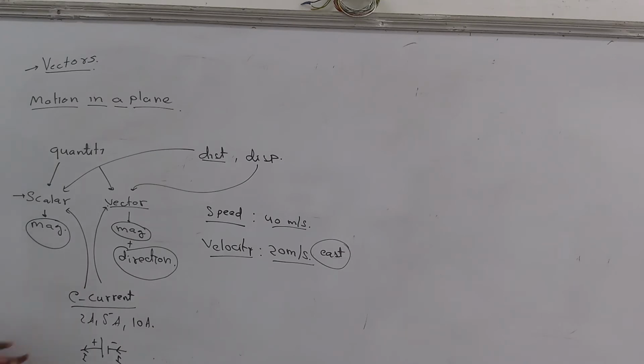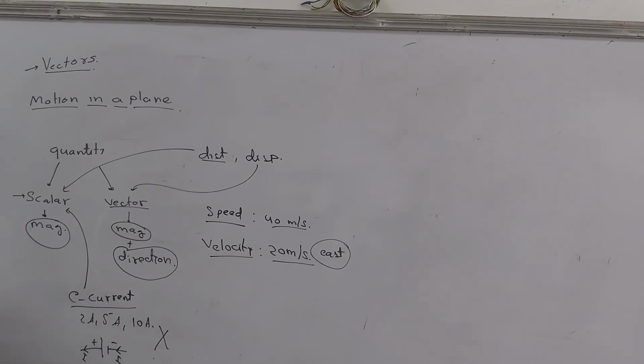But there have been some controversies. The mathematics of vectors, you will be learning it very soon. When the mathematics of vectors is applied to electric current, it completely fails. That means electric current does not follow the rules of vector mathematics. Okay, so electric current is not categorized as a vector, it is categorized as a scalar quantity.